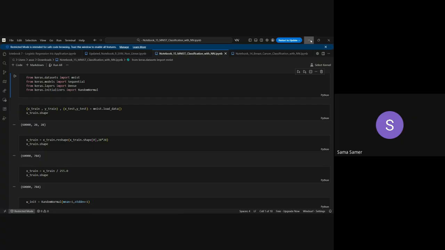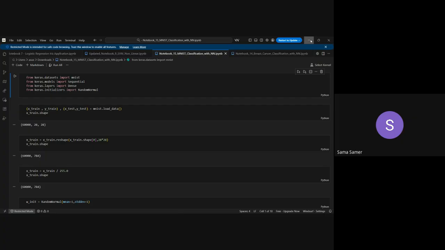So MNIST stands for Modified National Institute of Standards and Technology dataset. MNIST contains about 70,000 samples, 60,000 for training and 10,000 for testing. The images are grayscale and 28 by 28 pixels. Each image represents a handwritten digit from 0 to 9, so it has 10 classes.